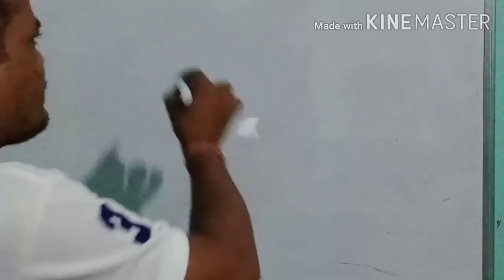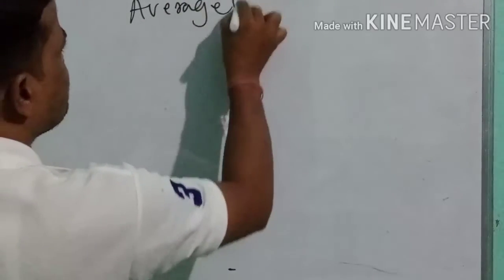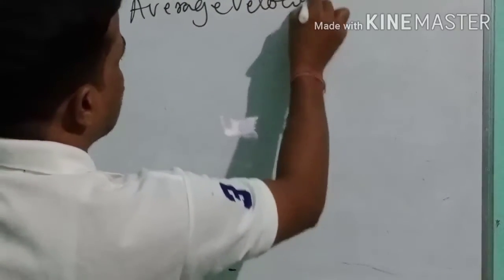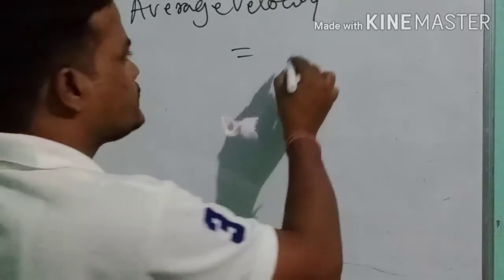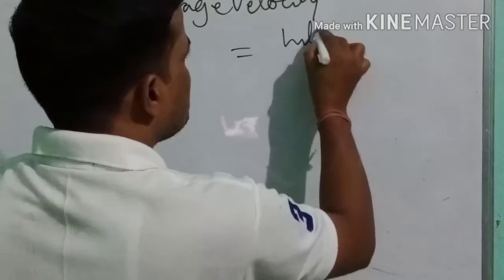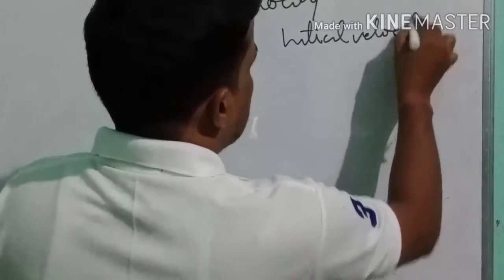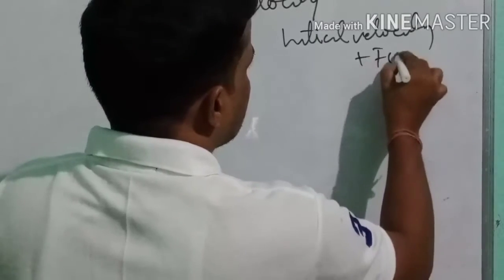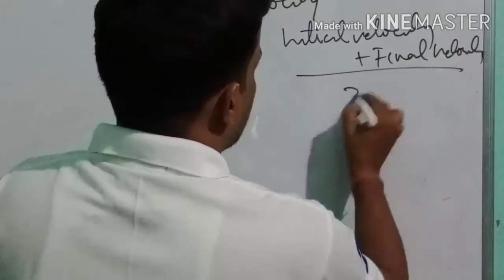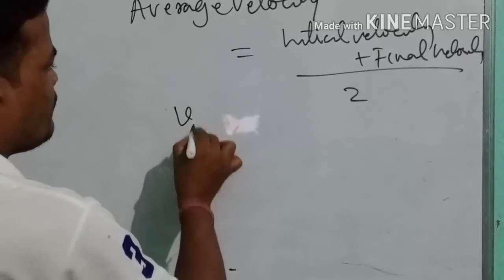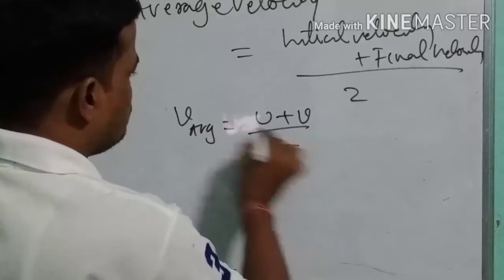Next question is finding average velocity. So average velocity is equal to initial velocity plus final velocity by 2. That means we can say V average equals U plus V by 2.